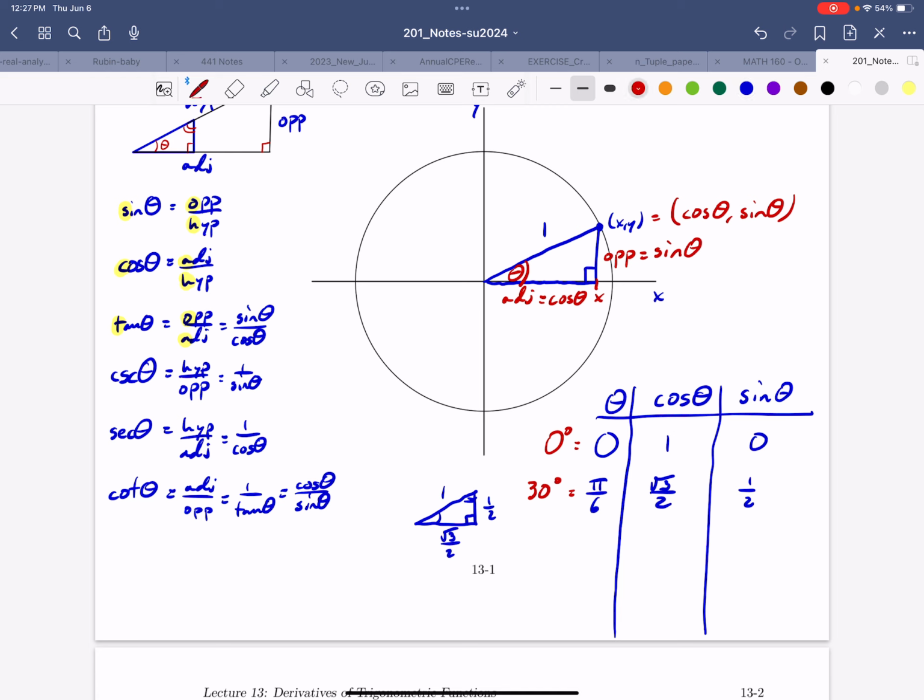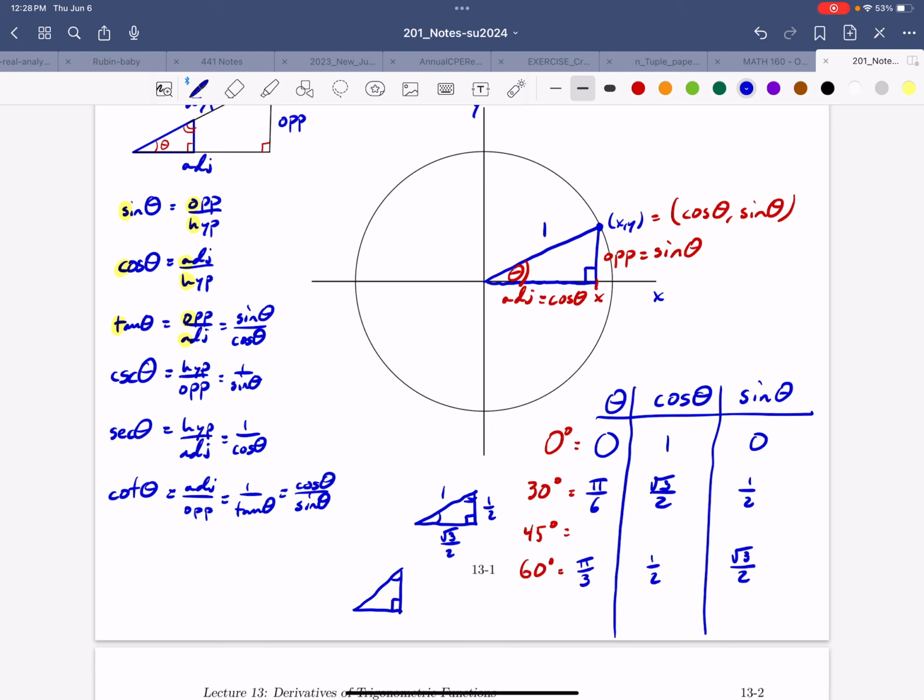Analogously, this works for 60 degrees, which is pi over 3, where sine and cosine are going to be reversed, right? Just sort of flip your triangle around. Now, the one in between then, that's pretty nice, is 45 degrees. Now, for that, we have a 45, 45, 90 triangle, right?